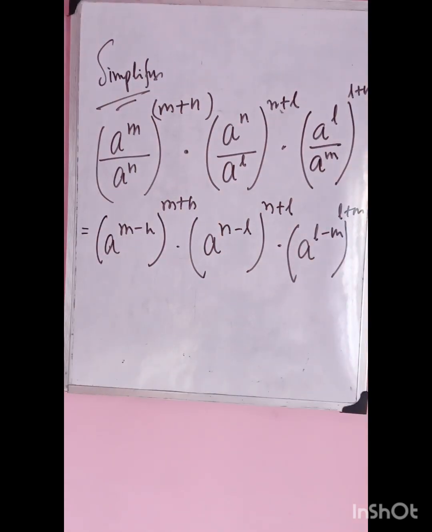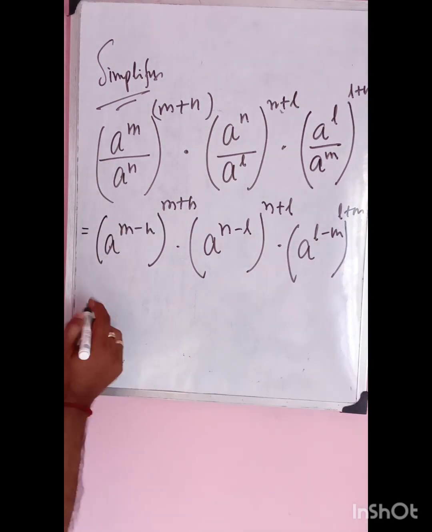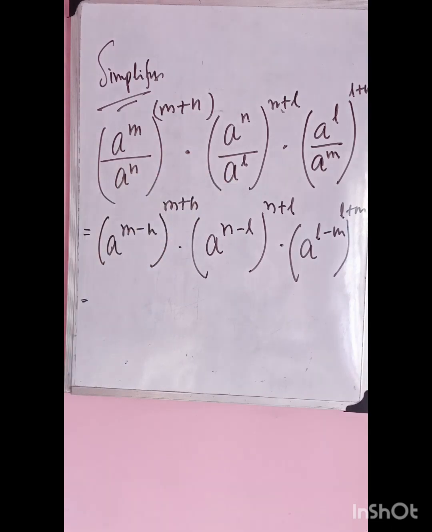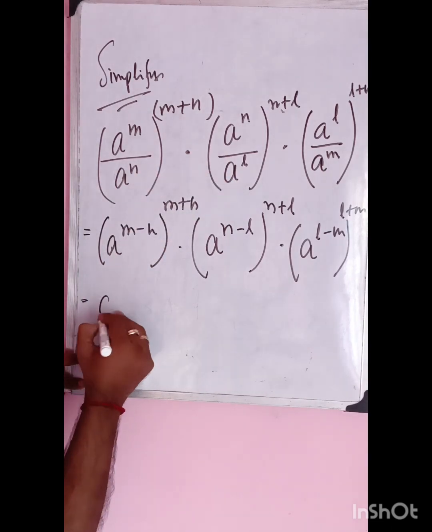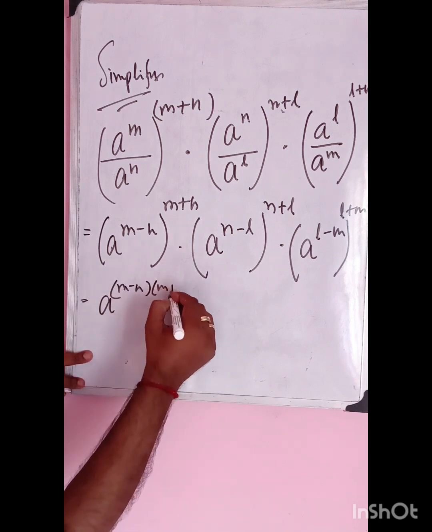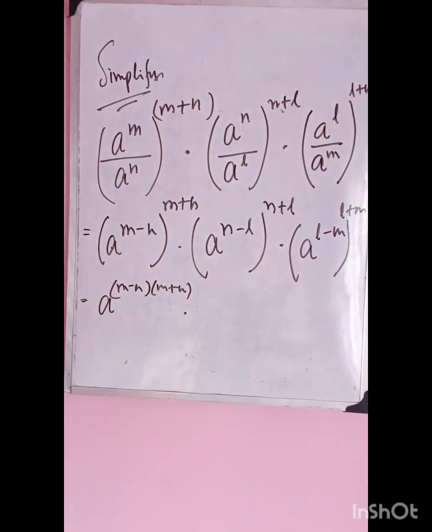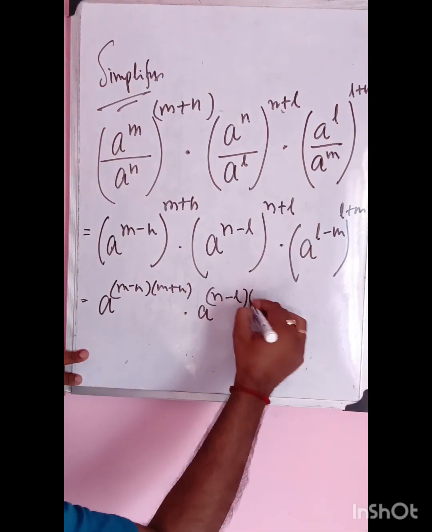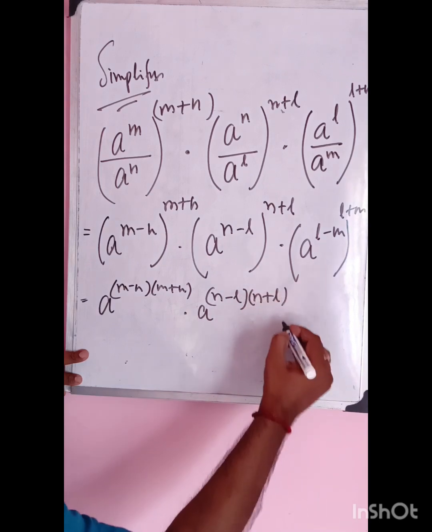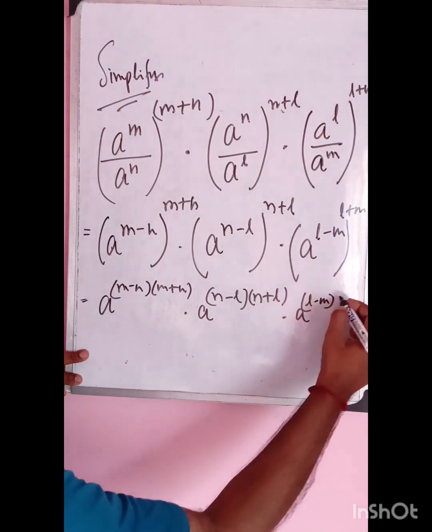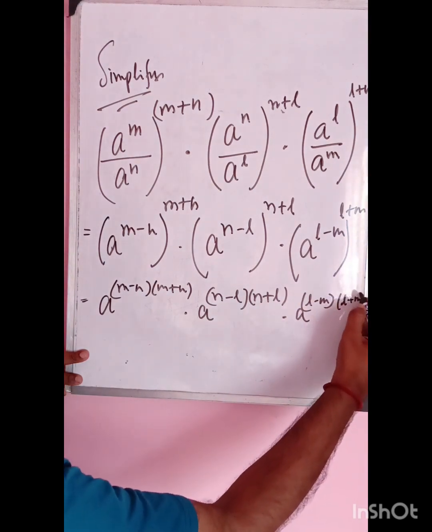Okay? (a to the power m minus n) whole to the power m plus n becomes a to the power (m minus n) into (m plus n), into the second term, a to the power (n minus l) into (n plus l). The third term, a to the power (l minus m) into (l plus m).